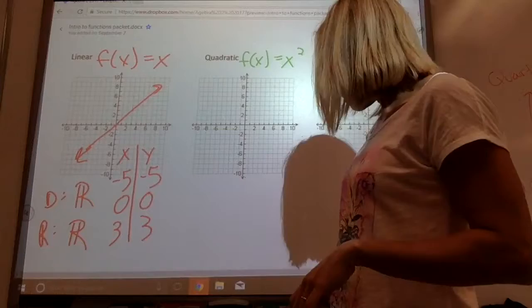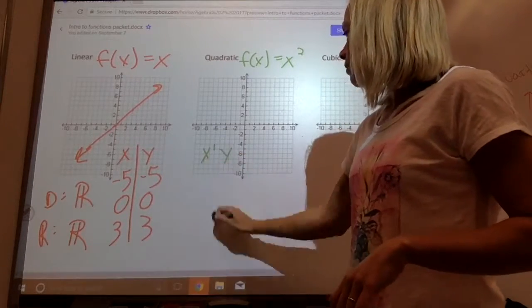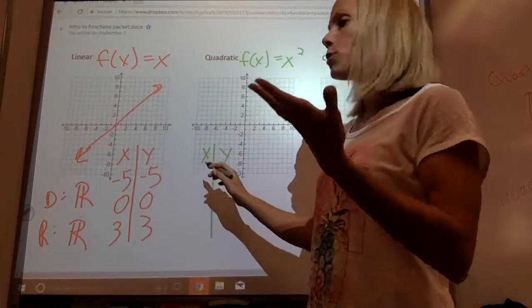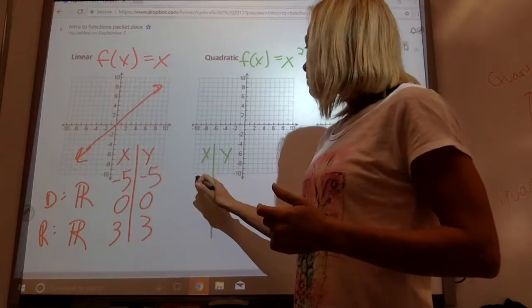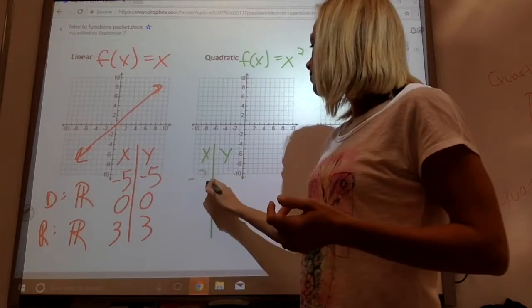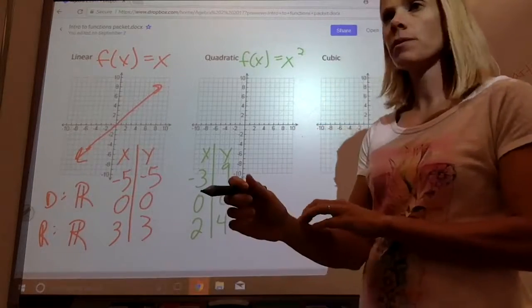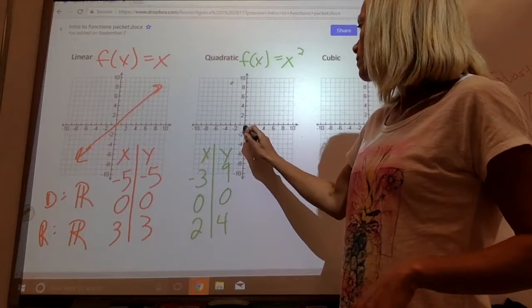Okay, so I would want this table, right? So you go second graph, and there'd be some good points. You'd want to do negatives and positives on your x's, so you get both sides. So something like -3, 9, 2, 4, right? Something on left and right side.